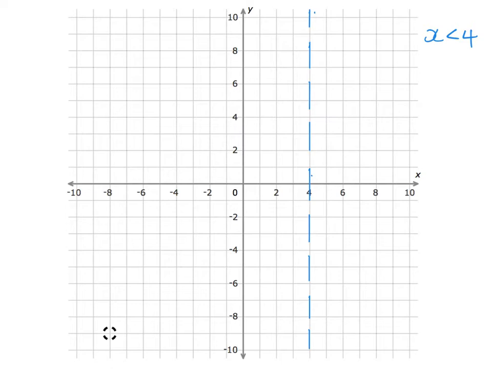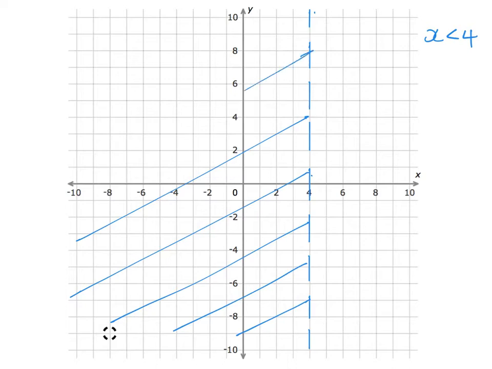And since it is less than 4, we know we'll be going on the left-hand side where the values are less than 4, and it goes right across the entire graph. So this would be x is less than 4 being represented on the graph.